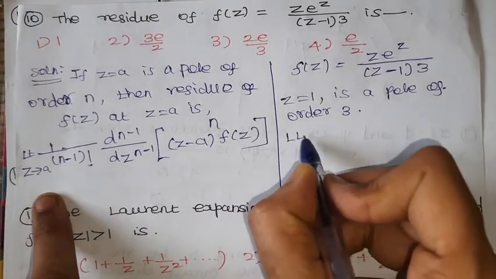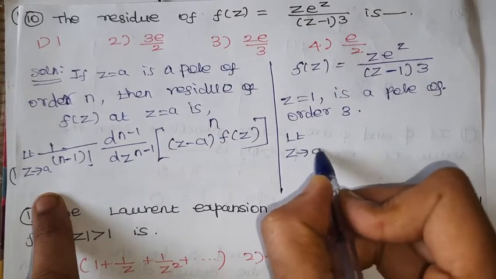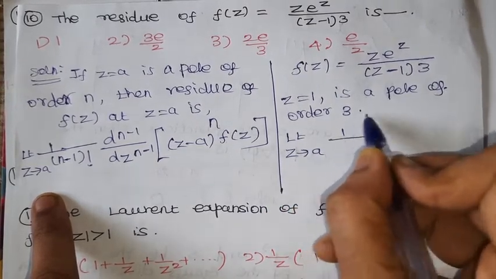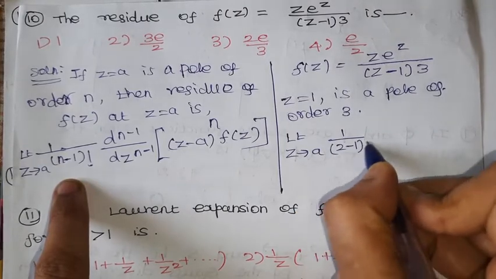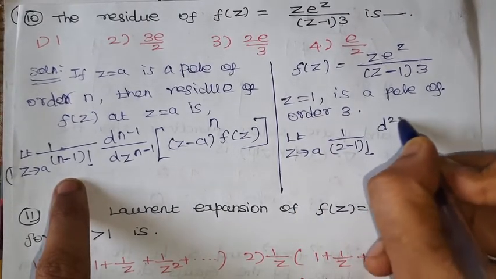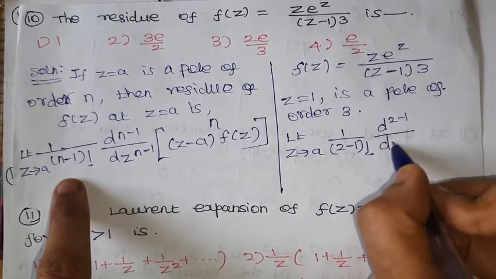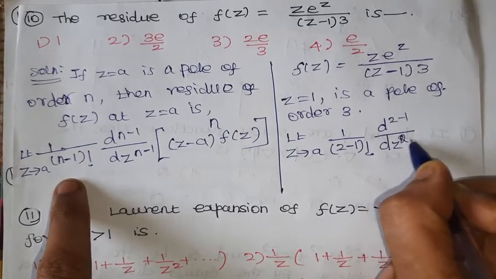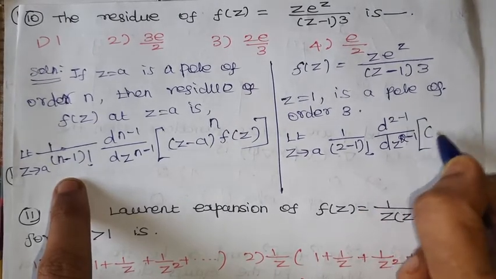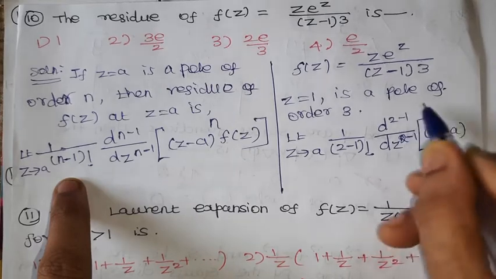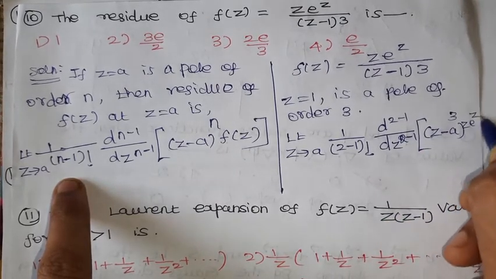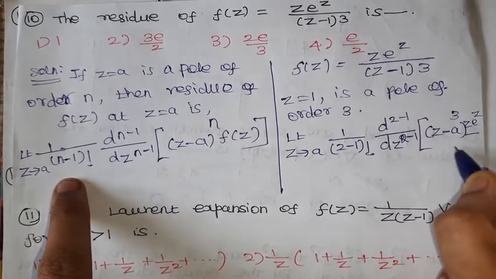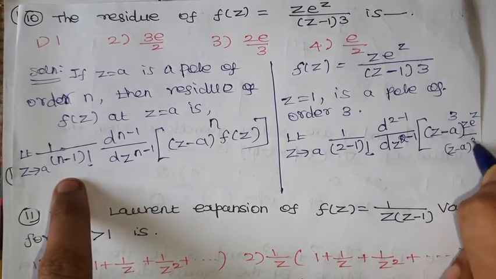What will we get? Limit z tends to a of 1 by (n minus 1) factorial, and what is n here? n is 3. So 3 minus 1 factorial into d power 3 minus 1 divided by dz power 3 minus 1 of (z minus a) the whole power 3 into f of z, that is z e power z divided by (z minus a) the whole cube.